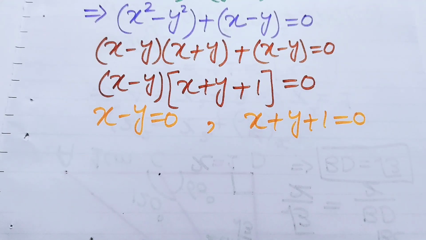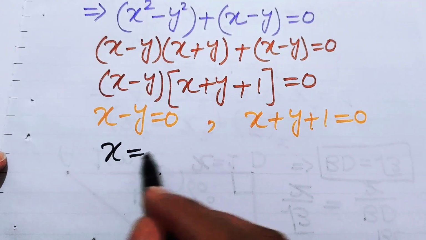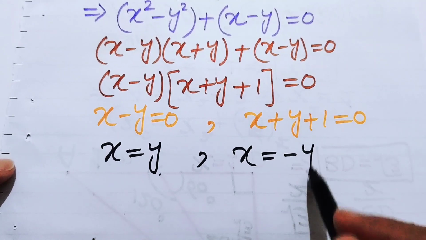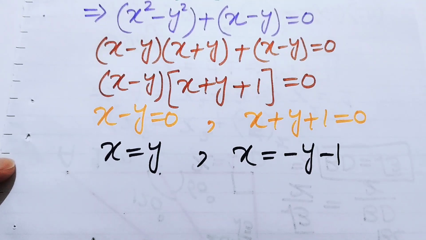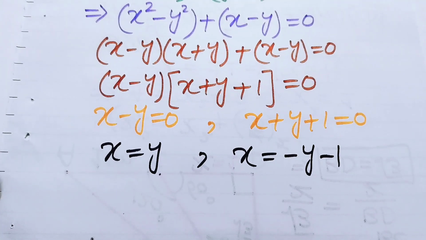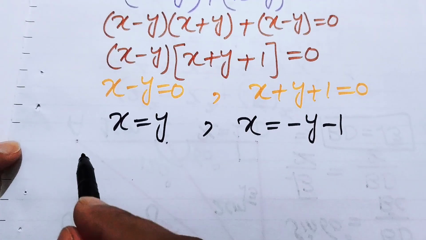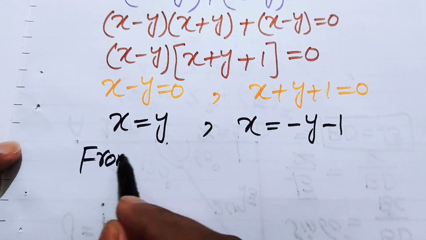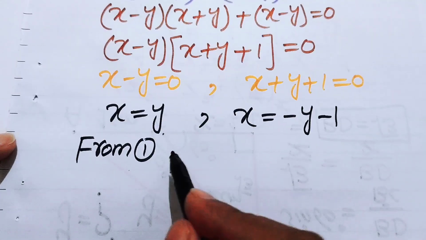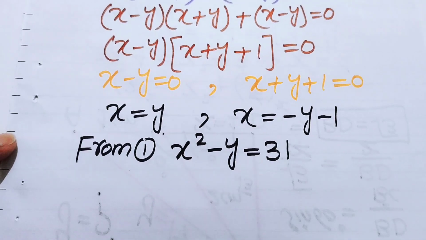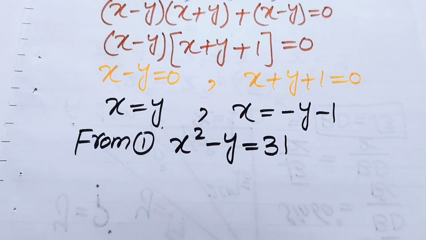Now in the first case we get the value of x equals y, and in the second case we get the value of x equals minus y minus 1. So in the next step we will substitute both the values of x in equation number 1. Our equation number 1 is x square minus y equals 31.